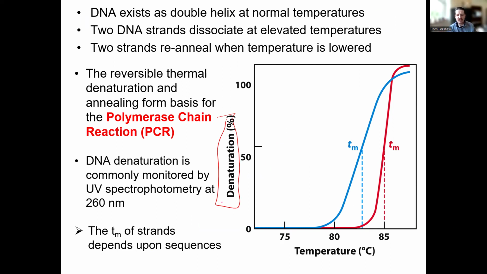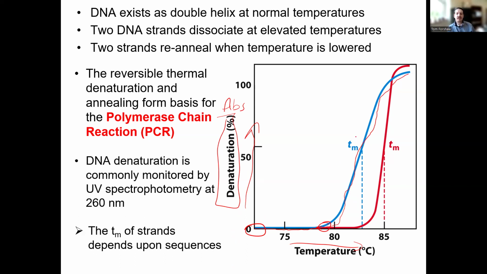You could have it as a percentage of denaturation, but this is really absorbance. And then you have the temperature increasing. At normal temperature, we just set it to 0, whatever the absorbance is. Then as you increase the temperature, eventually you'll get to a point where the DNA starts to break apart, those two strands start to separate, and so the absorbance will increase. And you can measure that increase in absorbance.